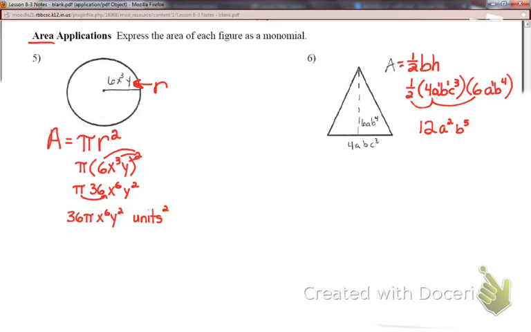And don't forget about your c, it's just c to the 3rd, there's not another c in the other monomial. The last thing to do is just to put that unit squared on there, because that's the label for area. Units squared. So that's it. 12a squared, b to the 5th, c to the 3rd, units squared.